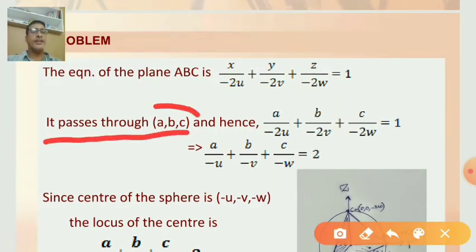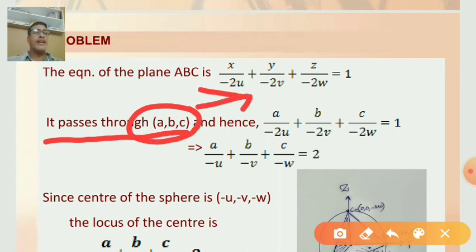Therefore, the point (a, b, c) satisfies the equation of the plane, and hence we can write a by minus 2u plus b by minus 2v plus c by minus 2w is equal to 1. On simplification, you get a by minus u plus b by minus v plus c by minus w is equal to 2.